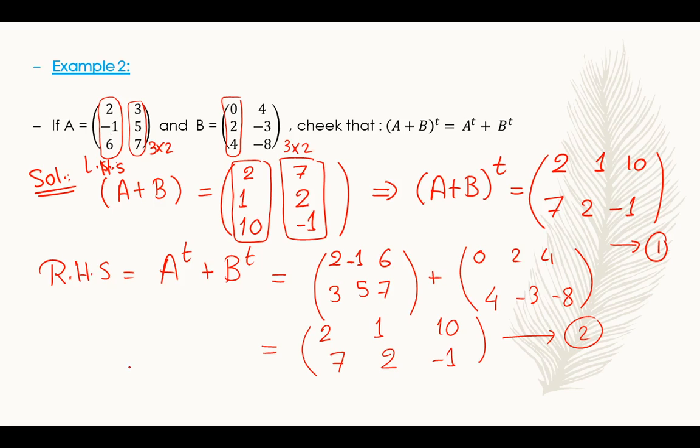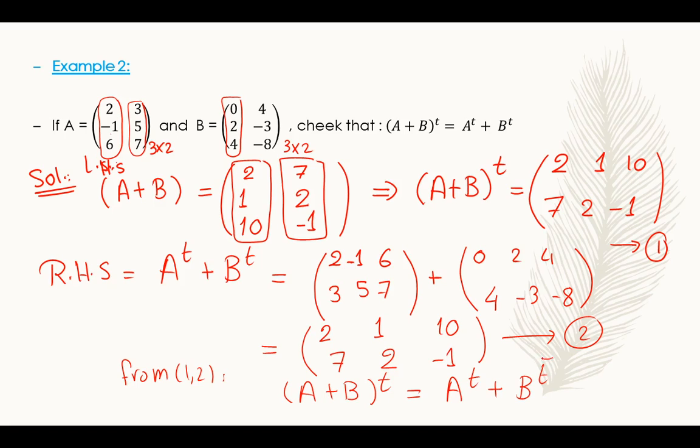So from 1 and 2, A plus B for all transpose will be equal to A transpose plus B transpose.